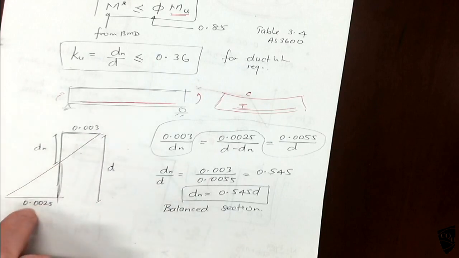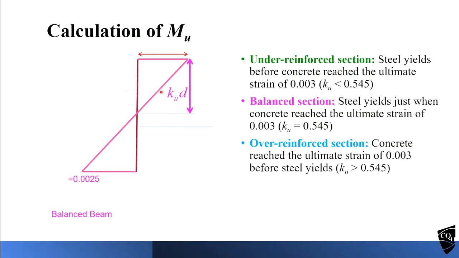If the steel reaches the yielding point first, that is called an under-reinforced section. So that is what is explained here. If the steel yields before the concrete reaches 0.003, that is called an under-reinforced section. If the concrete reaches the ultimate strain 0.003 before the steel yields, that is over-reinforced.